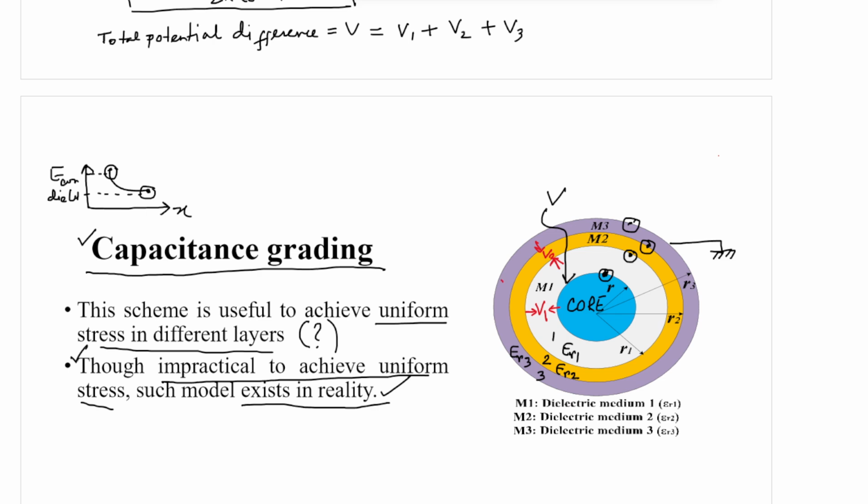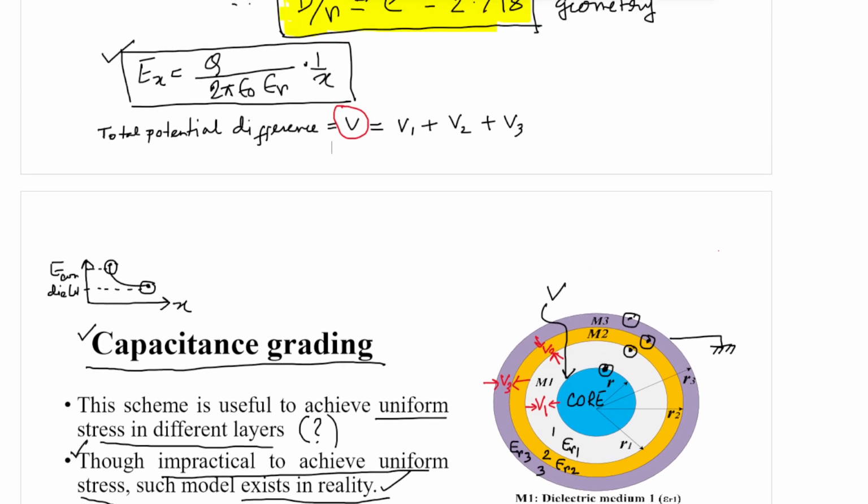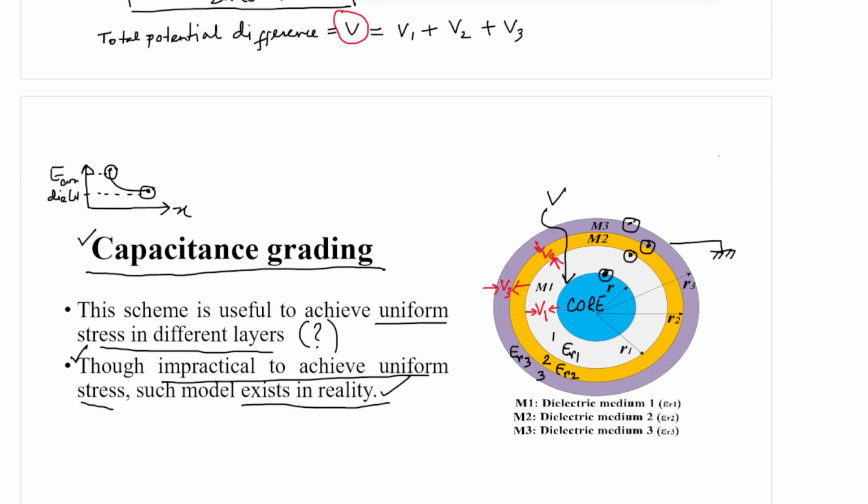And lastly, we have V3, the potential difference of dielectric medium 3. If we add these three, V1 plus V2 plus V3, we get the total potential difference. Now what is V1? I am writing the expression from the definition of the potential.